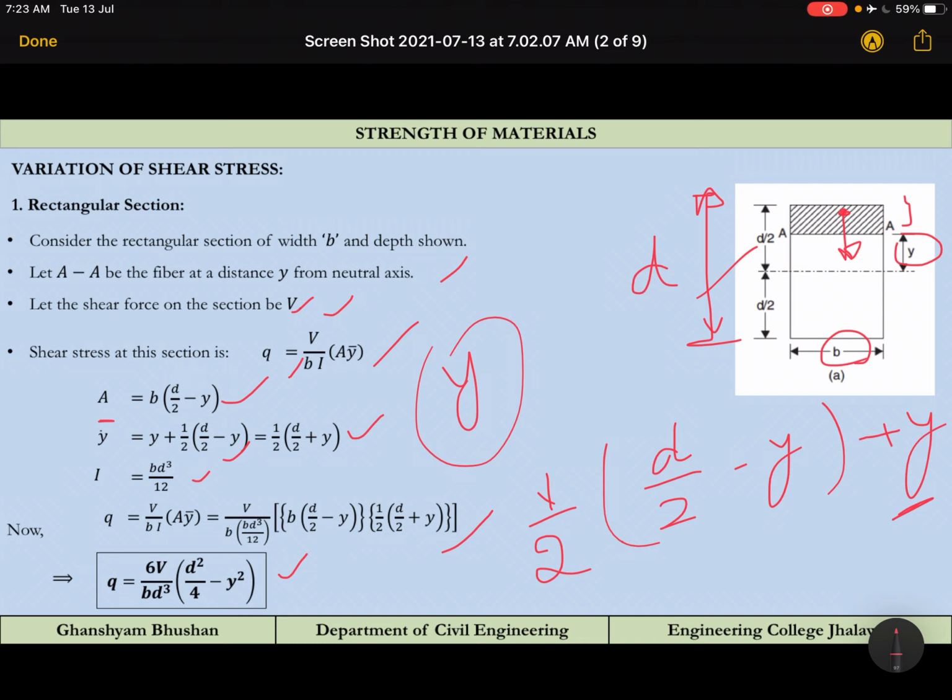And if at the ends you check the extreme fiber, here Y is D by 2, plus or minus D by 2, that means τ is 0. So the variation is something like this, and it is a parabolic variation because the power of Y is 2.